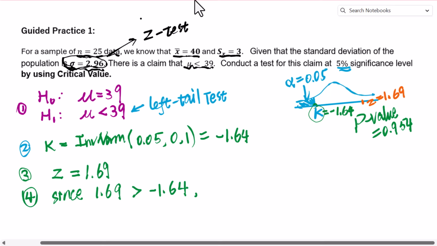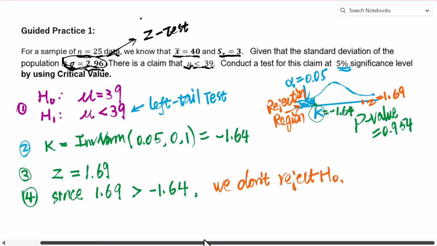Since z 1.69 greater than negative 1.64, it's not in the rejection region. We do not reject H0. So rewrite H0 at significance level.